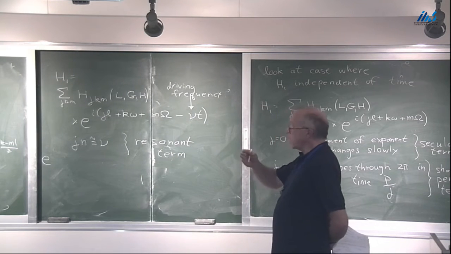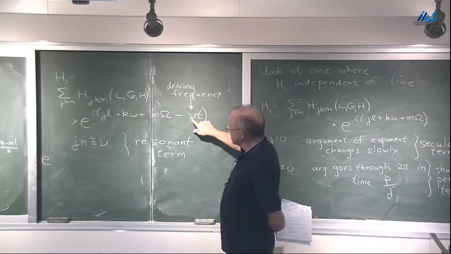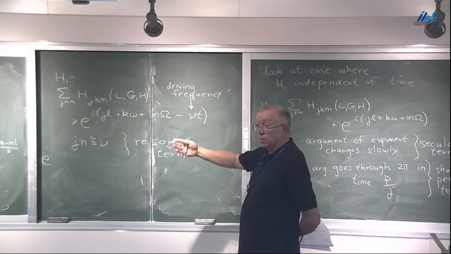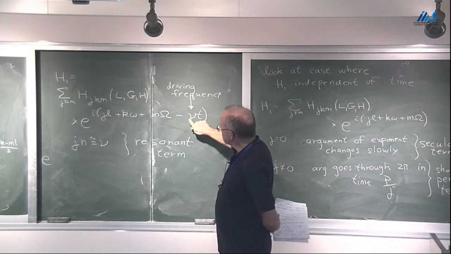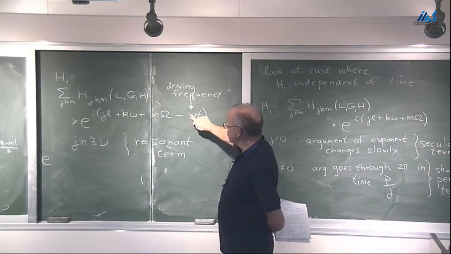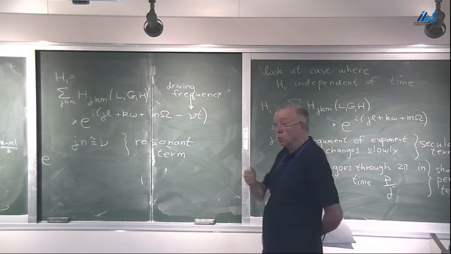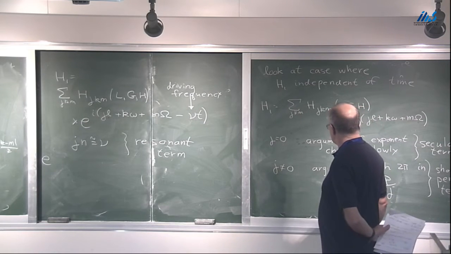But typically, if you've got, for example, a frequency of an orbiting second planet, the Fourier transform of the potential from the planet will have the frequency of the planet times various integers. I'll talk a little more about this later on, and it should become clearer.